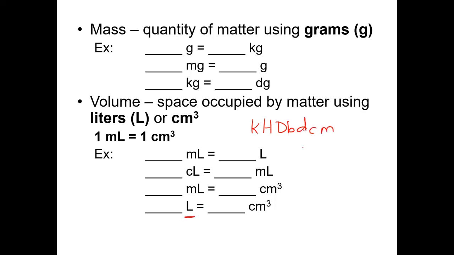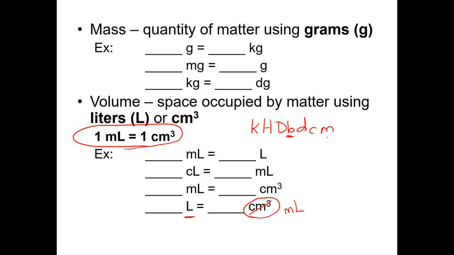I've got liter, which is part of my base, and then centimeters cubed. Okay, I don't see centimeters cubed up here. So what I'm going to have to do is remember that 1 centimeter cubed is the same as a milliliter.